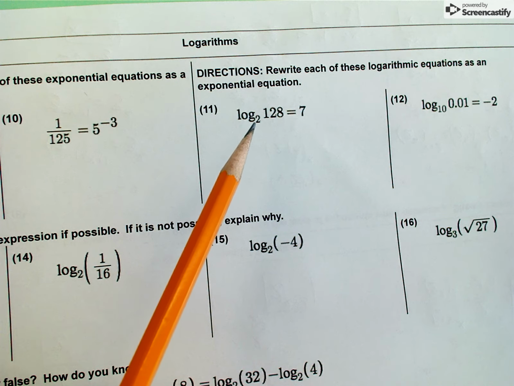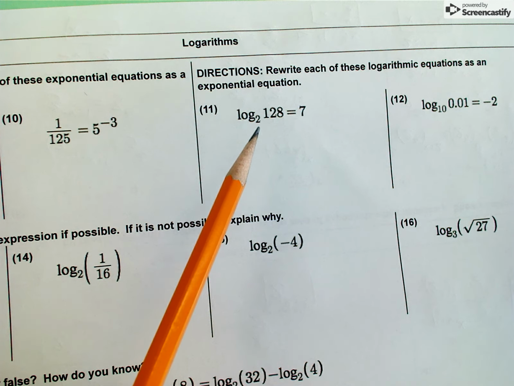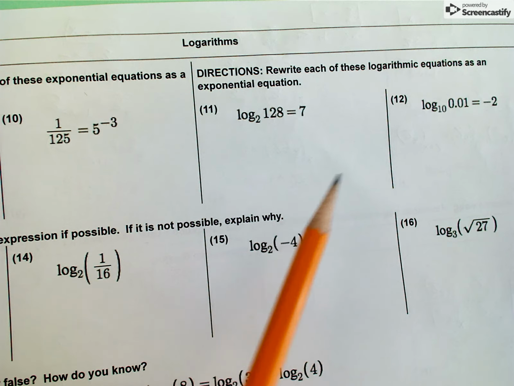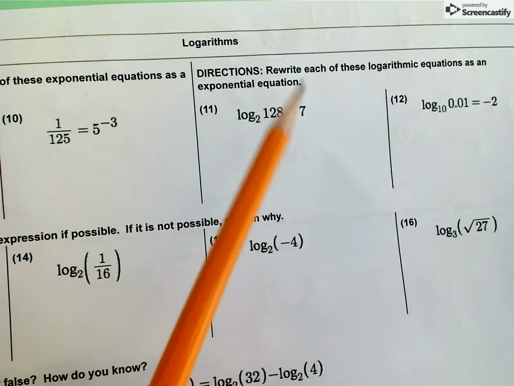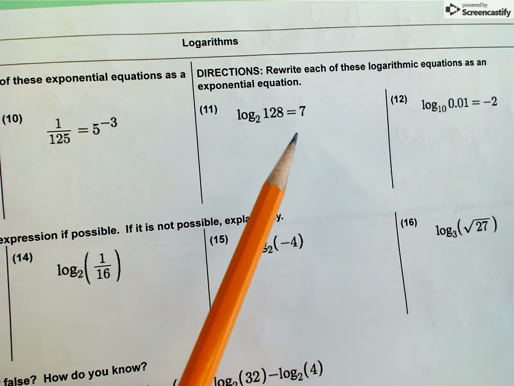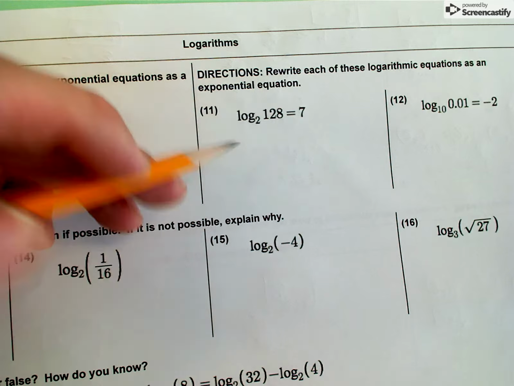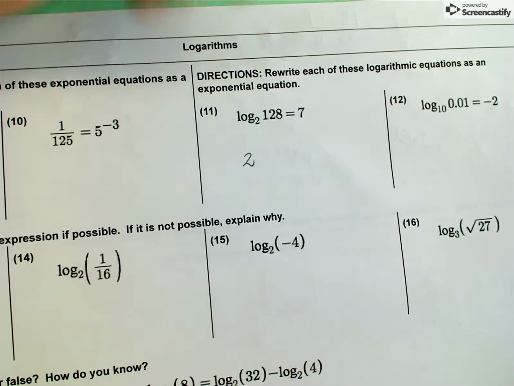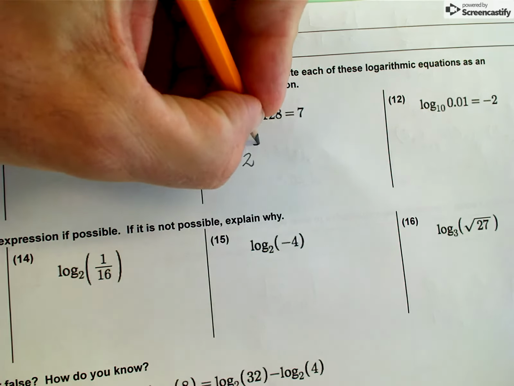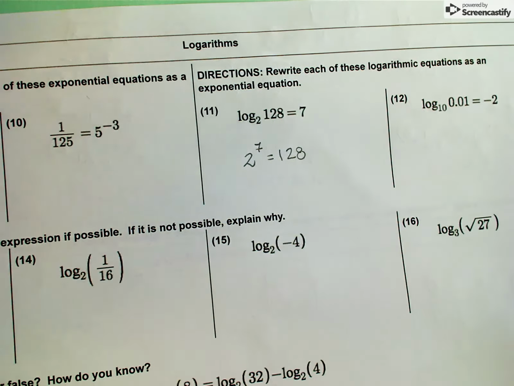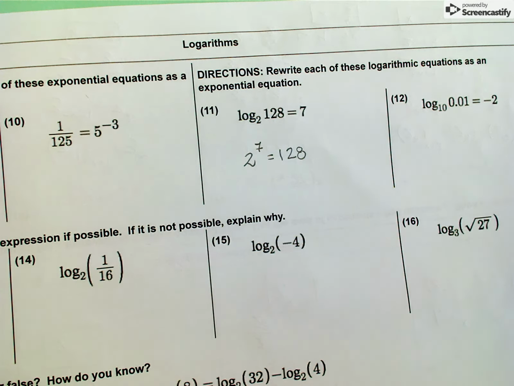But notice, what I'd like for you to see here is that 2 to the power of 7 is 128. And maybe if you had scratch paper or somewhere in the margin, you could scribble that out or think it out. So I can take this logarithm problem and just rewrite it as an exponential equation like this.